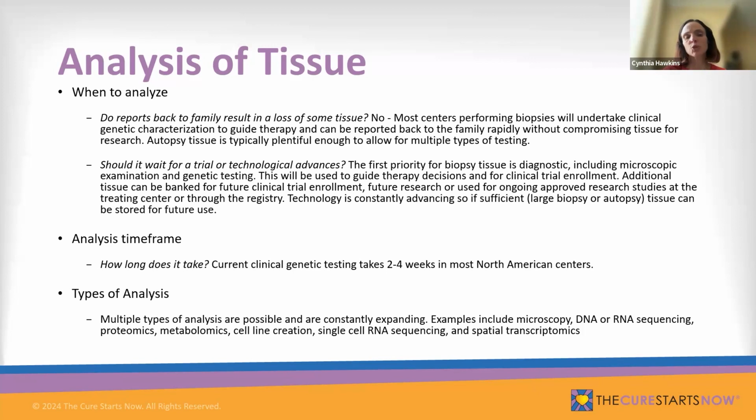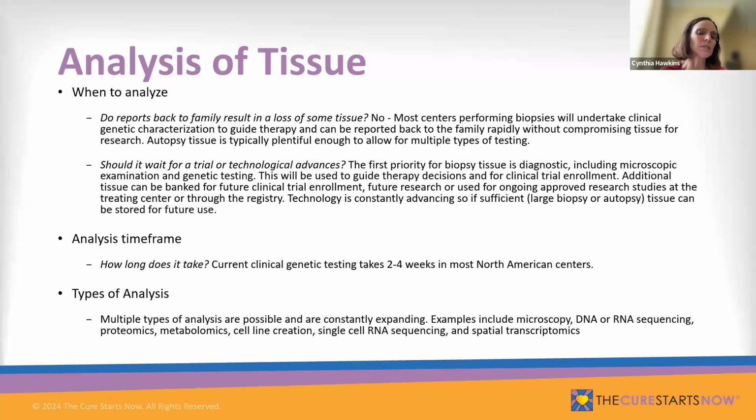Should I wait for a trial or technological advances? Again, it depends a little bit on what tissue we're talking about. Of course, as I said, the first priority for biopsy tissue is diagnosis. So is it really a DMG or a DIPG? That requires looking down the microscope and usually requires some genetic testing. Some of that can be done in a fairly low-tech way.